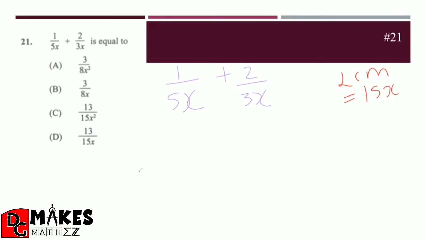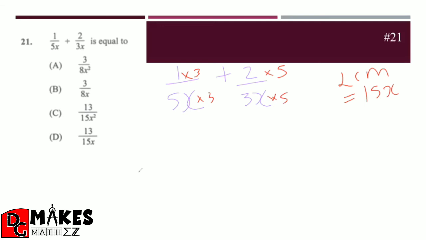All right, so we need to ensure that both our denominators now turn into 15x. What do I do to 5x to turn into 15x? Multiply by 3. Whatever I do to the denominator, I must do it to my numerator. What can I do to 3x to make it into 15x? Multiply by 5. Do the same thing to the numerator. This may not be where we discuss why we have to do the same thing to the numerator and denominator, but of course, you'll also see that in the videos that I'll attach.